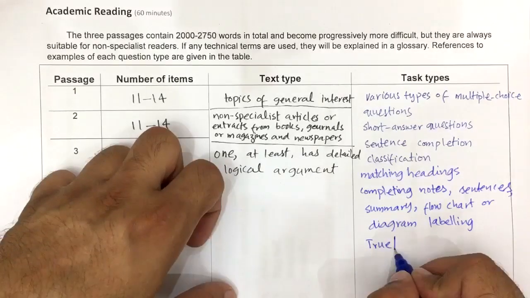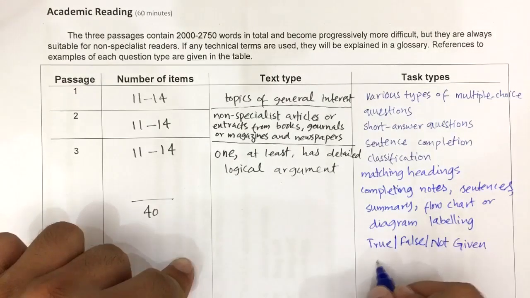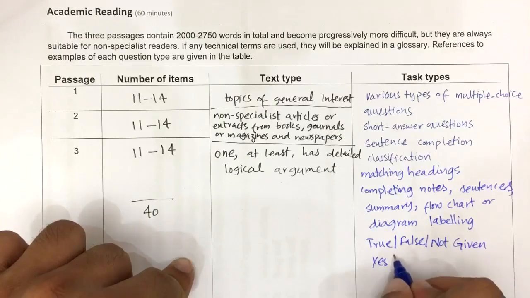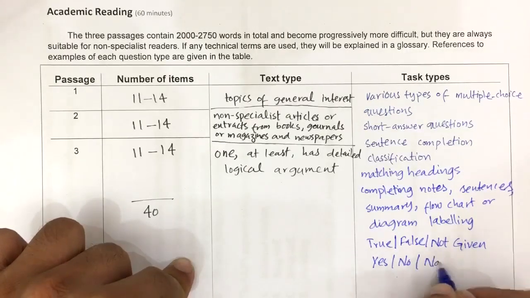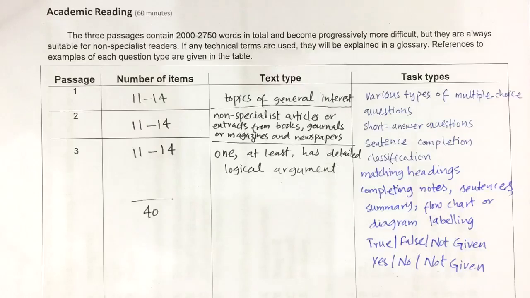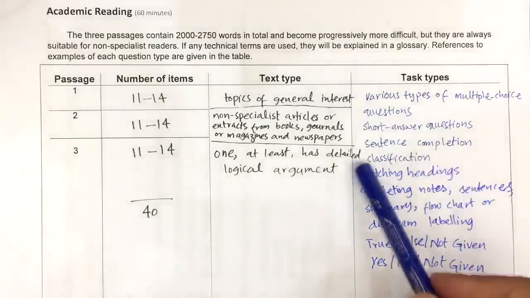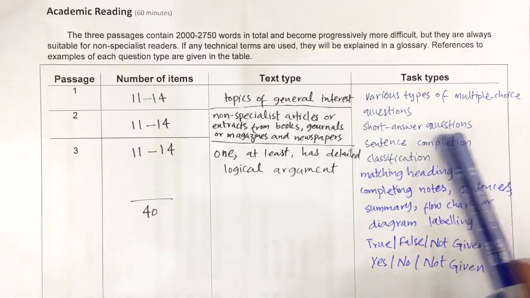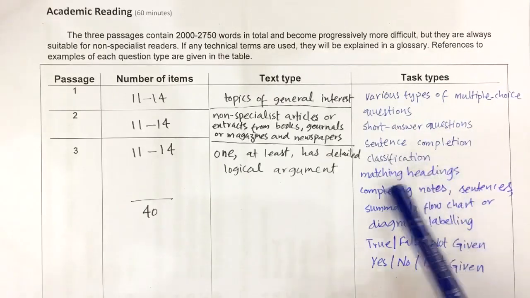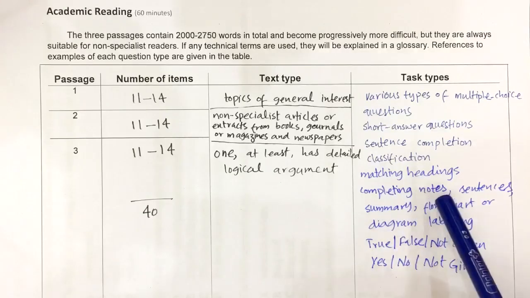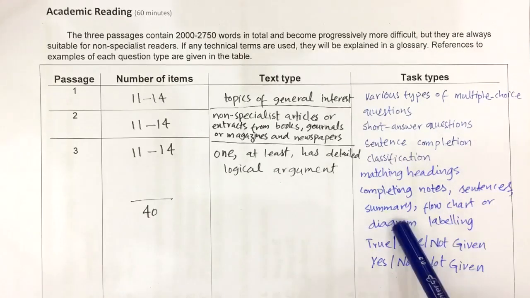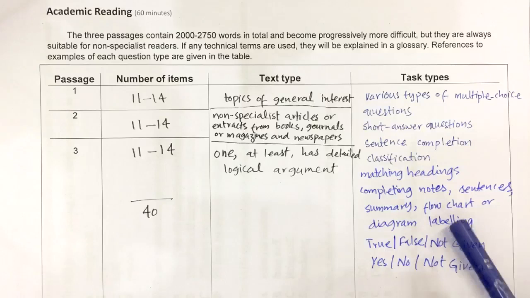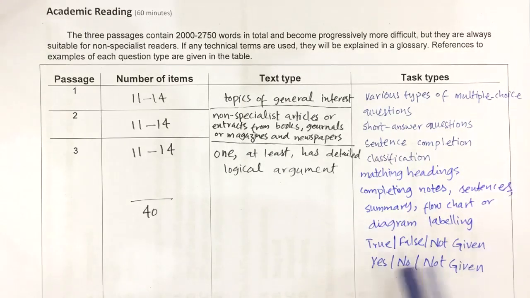True, false, not given. Yes, no, not given. Right, ladies and gentlemen, you can have these question types in the paper.